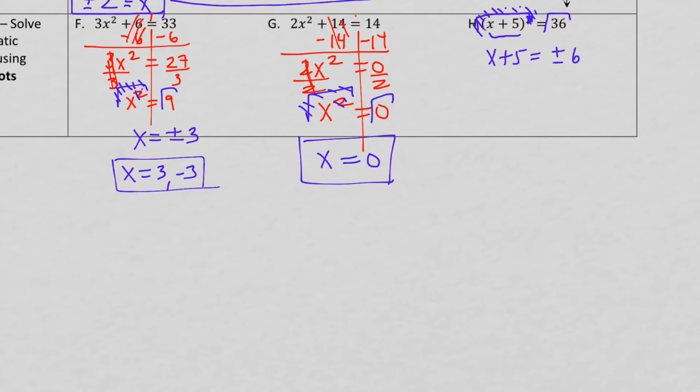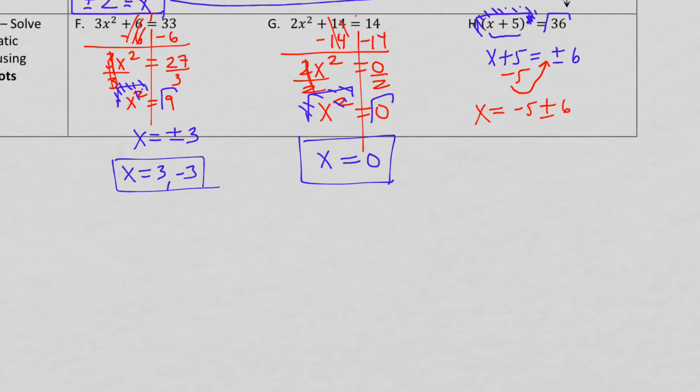Now in an equation like this, the next step is to undo this plus 5 and move it over to the right-hand side. So to undo a plus 5, I'm going to minus 5. Now when you do this, you want to put this minus 5 here to the left of the plus or minus. So you end up getting x equals minus 5 plus or minus 6. Now this is your solution, but you can work it out with one more step.